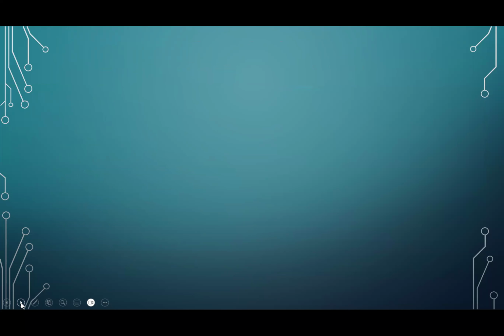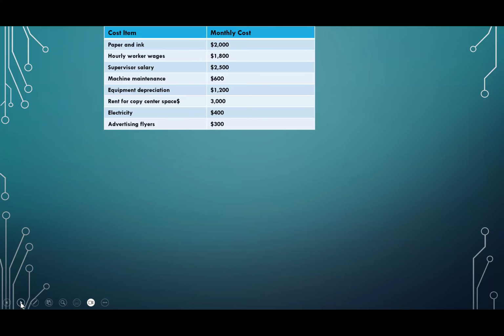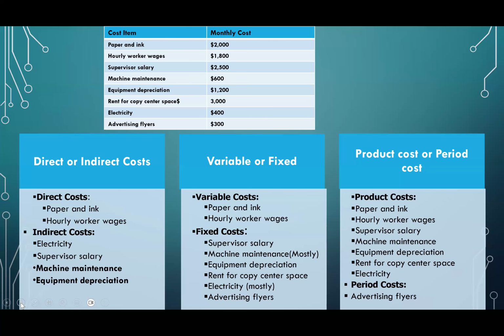Now here we go. I have just copied the numbers one more time so that you can see what we have. Without going into the dollar amounts, I first want you to understand the concept.